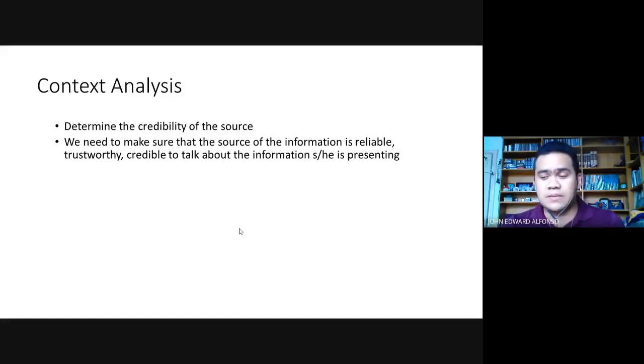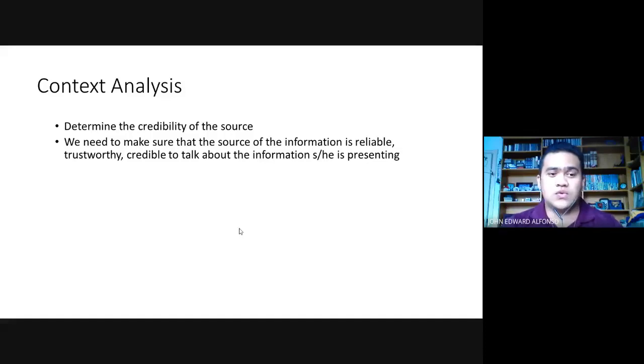For example, if we know that the source of the post is a verified troller, or a verified sharer of fake news, then we know for a fact that the information they are sharing is false. It can be sarcasm, jokes, or trolls, so we do not take their information as true or factual.